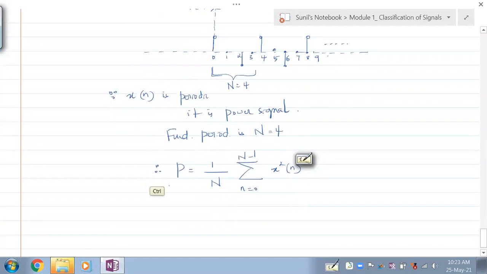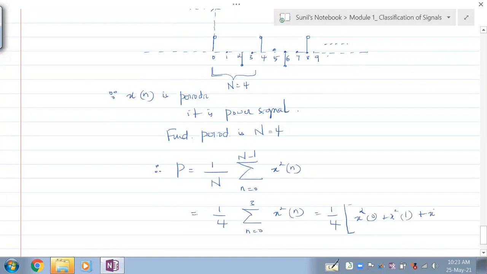So this is equal to 1 by 4, summation n equal to 0 to 3 of x squared n, which can further be written as 1 by 4 into x squared of 0 plus x squared of 1 plus x squared of 2 plus x squared of 3.